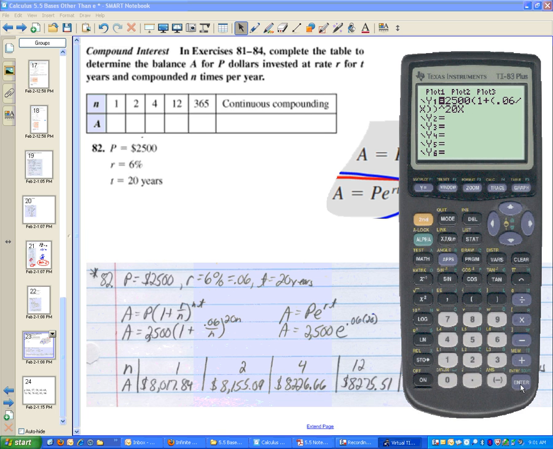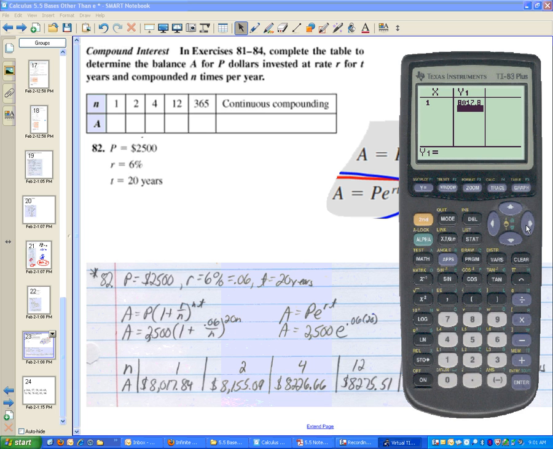All right, and I can make a table. First, we want to do this for x equals 1, and we'll get 8,017 point, I don't know where I got the 8.4.